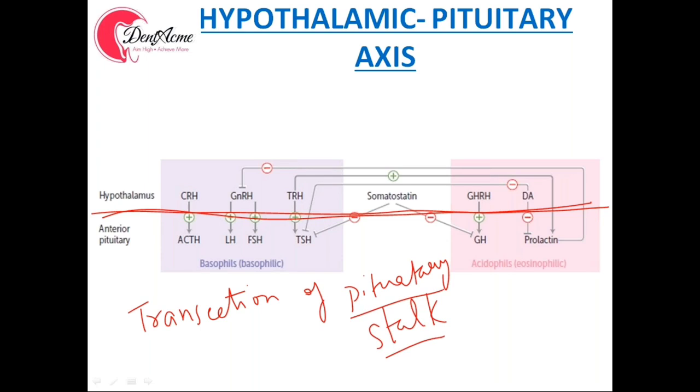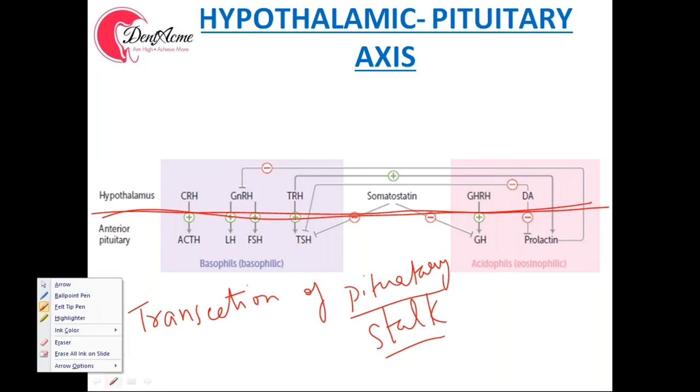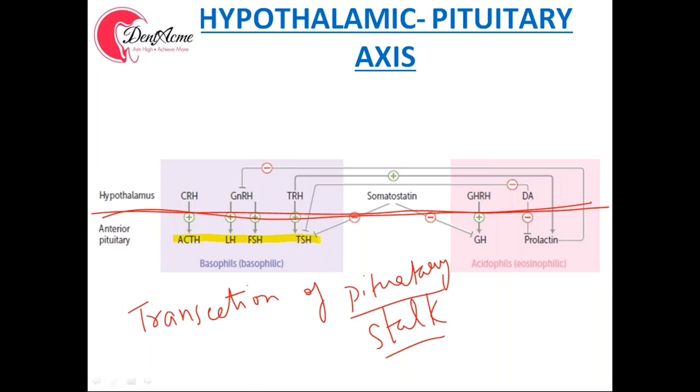So when there's a transection of the pituitary stalk, what would happen? The level of all anterior pituitary hormones would decrease except prolactin. Prolactin would increase because normally prolactin is kept under check.